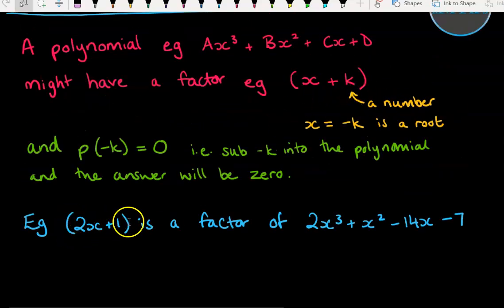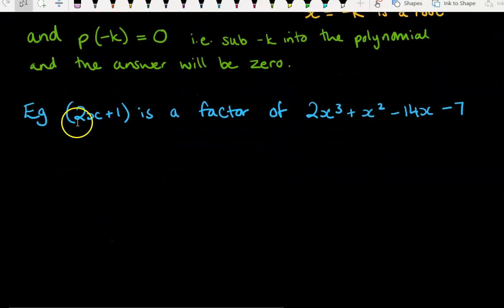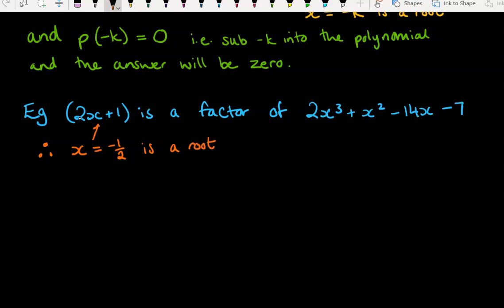So first of all, from this bracket, we take what the root would be. Just like when you did quadratics, if you got a factor out of that quadratic, you would then say, therefore, x equals minus a half is a root, from this factor here.